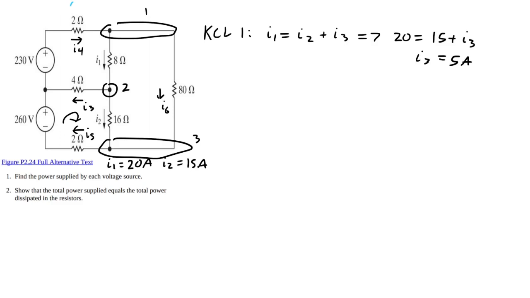Because we're not given enough information yet, I don't think. Okay. So say that we pick this loop right here. We're going to do a KVL. Consider that a closed loop.